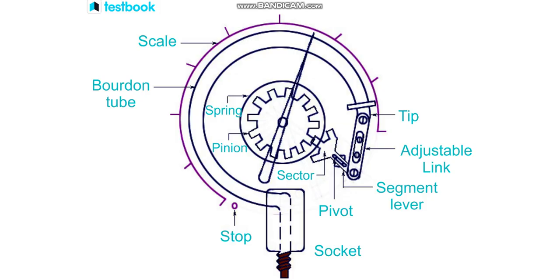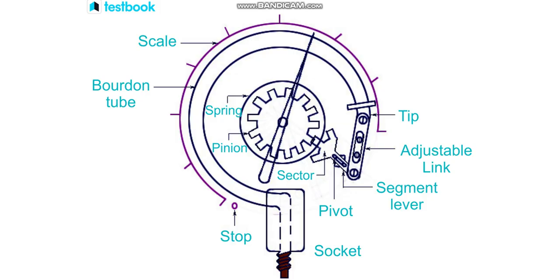That amplified displacement is given to the pointer and scale arrangement, so that the pointer will indicate the corresponding pressure. The scale is calibrated in terms of pressure, so it is used to measure medium to high pressure. The scale is calibrated in terms of Pascal or PSI. So this is the working principle of the Bourdon tube.